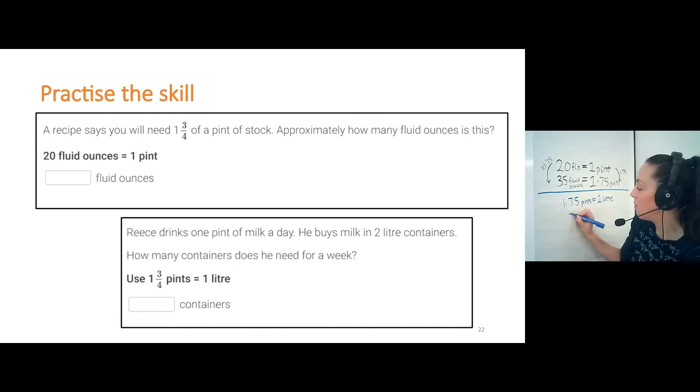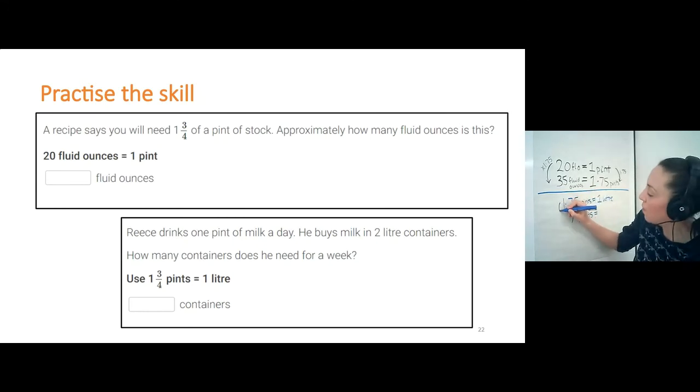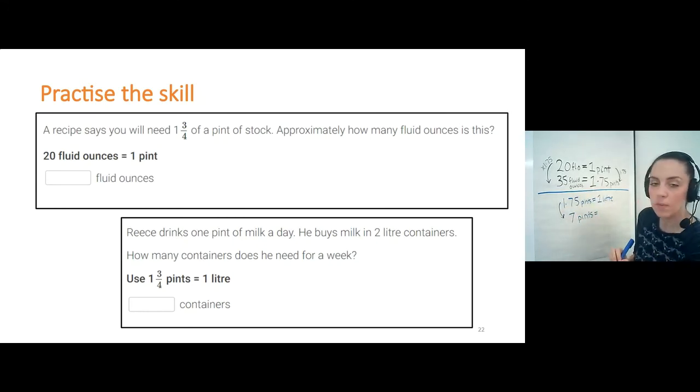So let's add our 7 pints here. If we go from 1.75 to 7, if we're not sure how to do that, you would divide 7 by 1.75. So remember going backwards. So we're looking at by how many times we've increased 1.75 to get to 7. So we're multiplying 1.75 by something. To find that out, we'd reverse the calculation by doing 7 divided by 1.75.